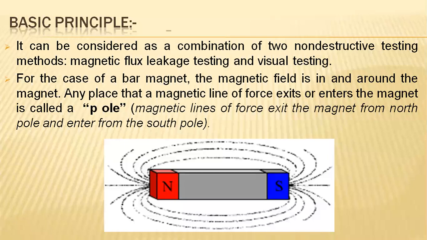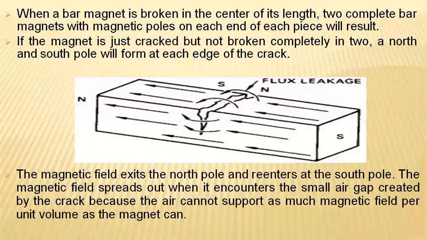The second part is this: when the bar magnet is broken, at the point of the break the polarities will change. Have a look here. This is the North Pole, South Pole, and the polarities change at that particular place, the field varies, and the diffraction of the field will be energized at that broken area. That field exits the north pole and re-enters at the south pole, exiting and re-entering back again.